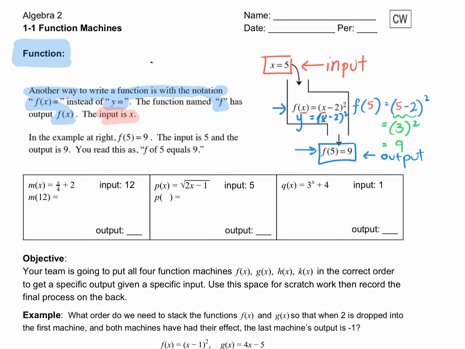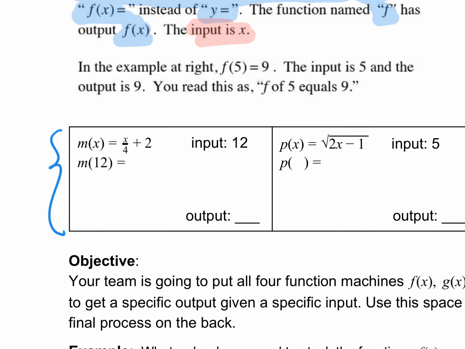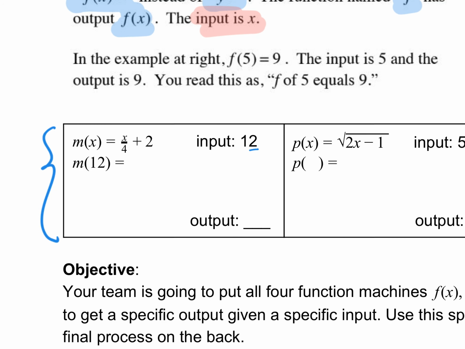So what we have here below is we're just going to practice when given an input, how to evaluate that function given the input to get a new output. So over here, we have m of x is equal to x over 4 plus 2, where the input is 12.